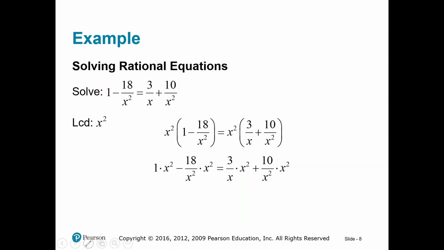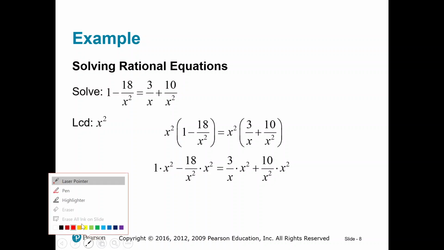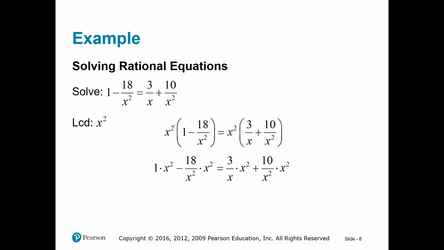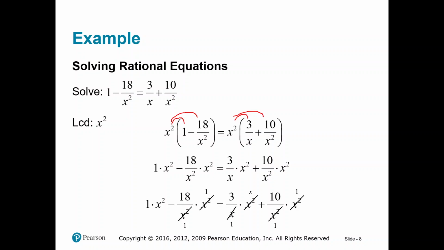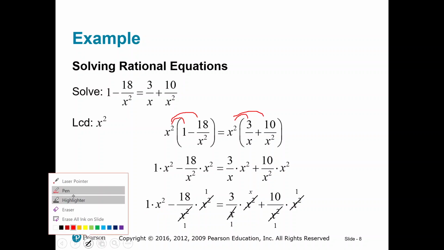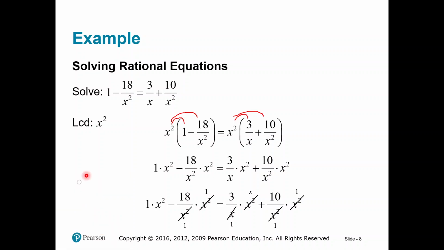And so you can think of distributing the x squared just like this. So x squared times 1 is just x squared again.